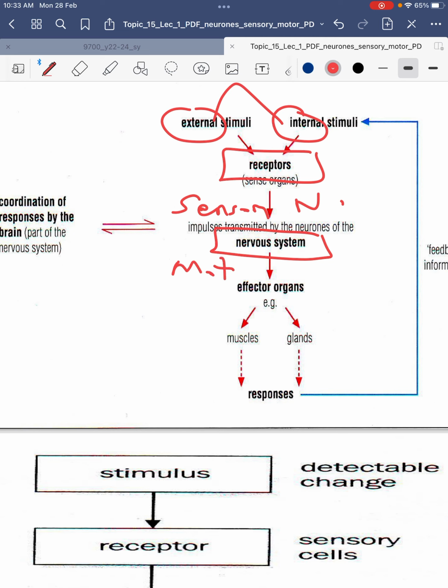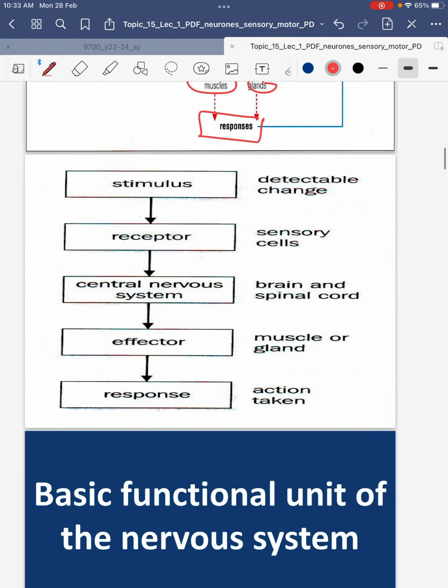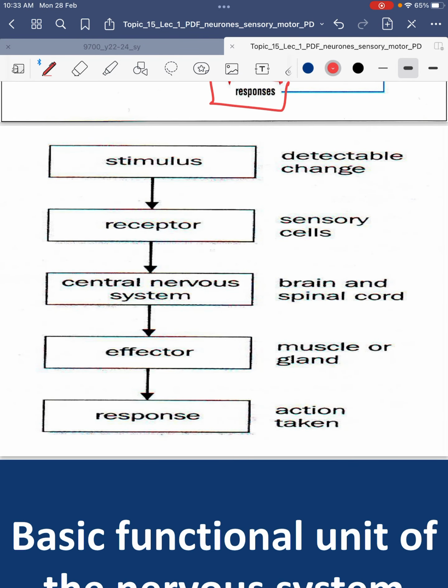This is the motor neuron, and then the effector, examples of effectors are muscles and glands, and then this is the response. So: stimulus, receptor, sensory neuron, motor neuron, effector, examples are muscles and glands.